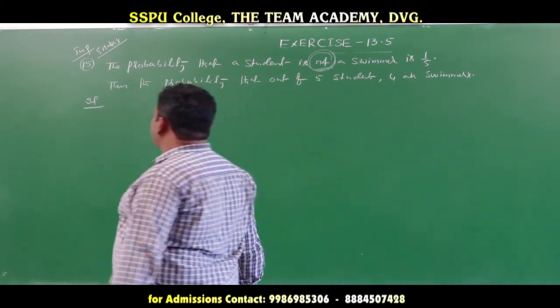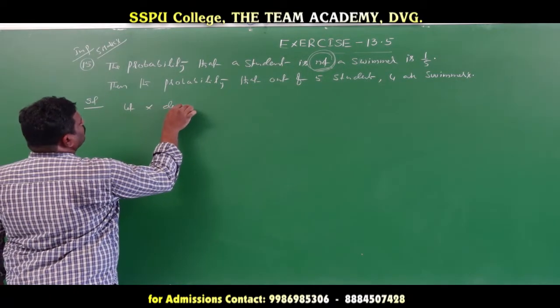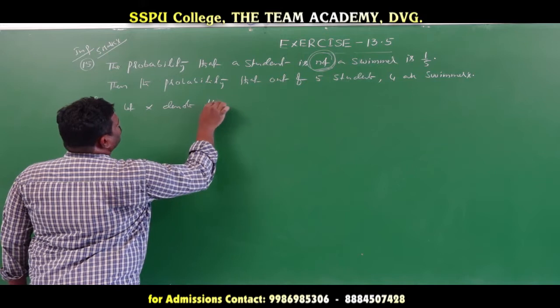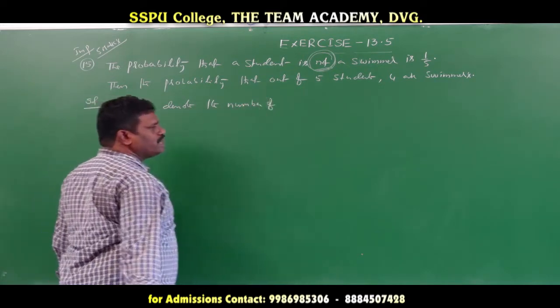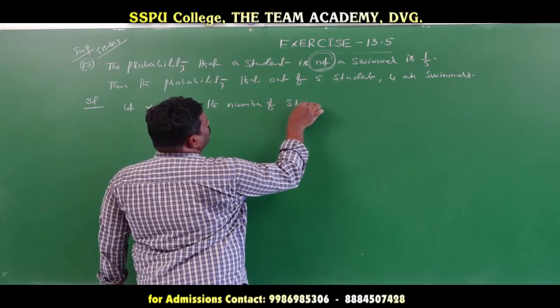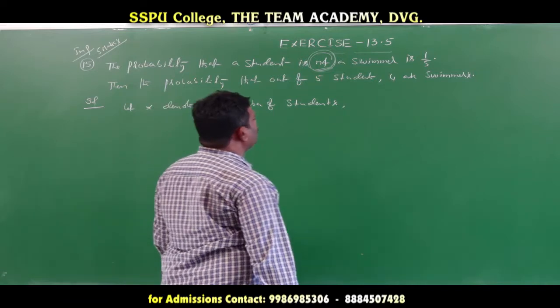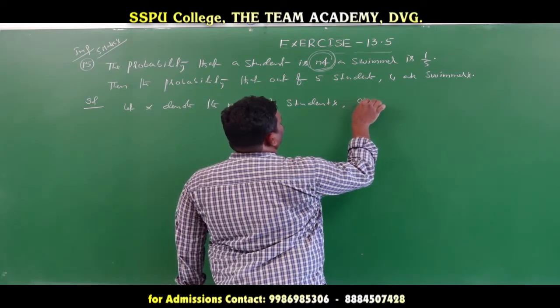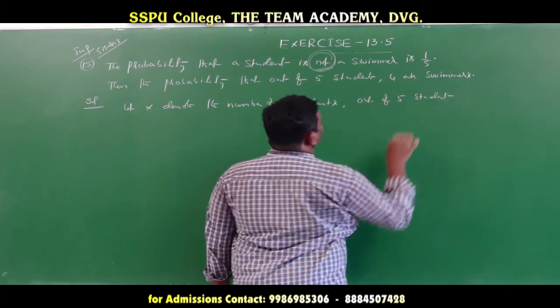So let X denote the number of students out of 5 students, 4 are swimmers.